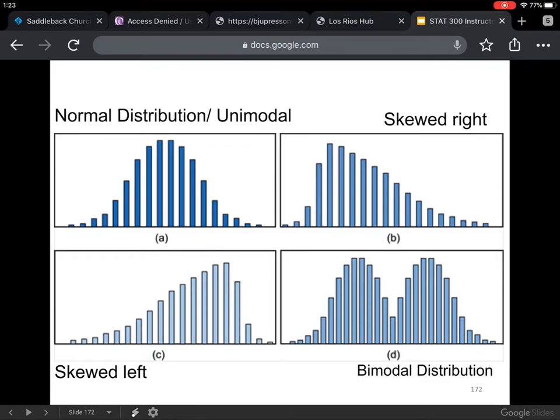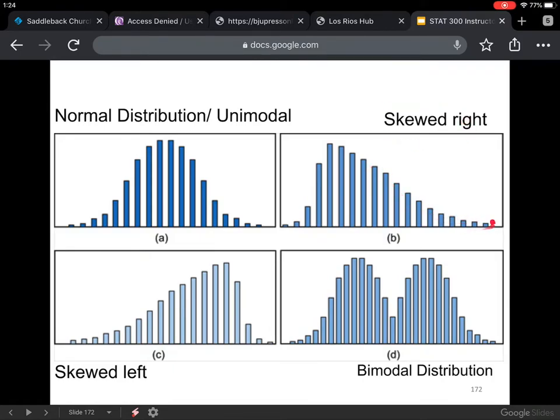Let's go a little bit deeper into this distribution idea. Here is terminology that I'll probably quiz you guys on. A normal distribution, or unimodal, is a bell-shaped curve. There's one highest frequency class. If the tail end is on the right, then it's a skewed right distribution.